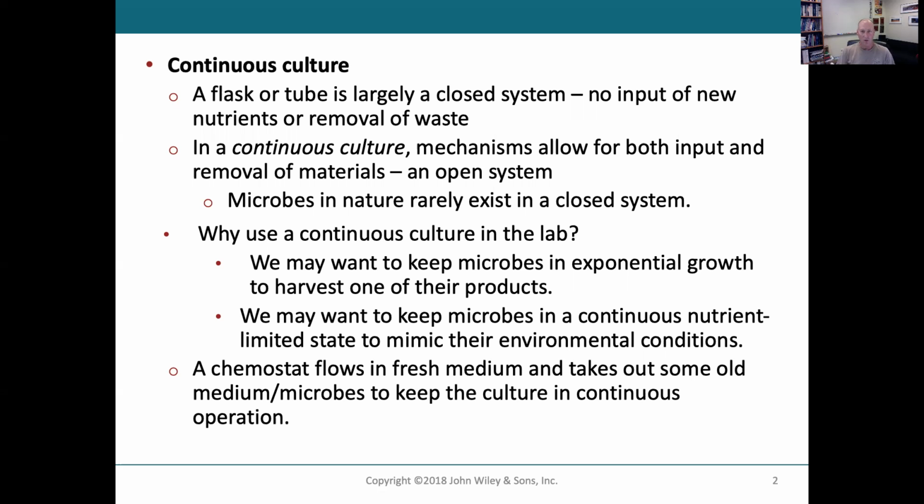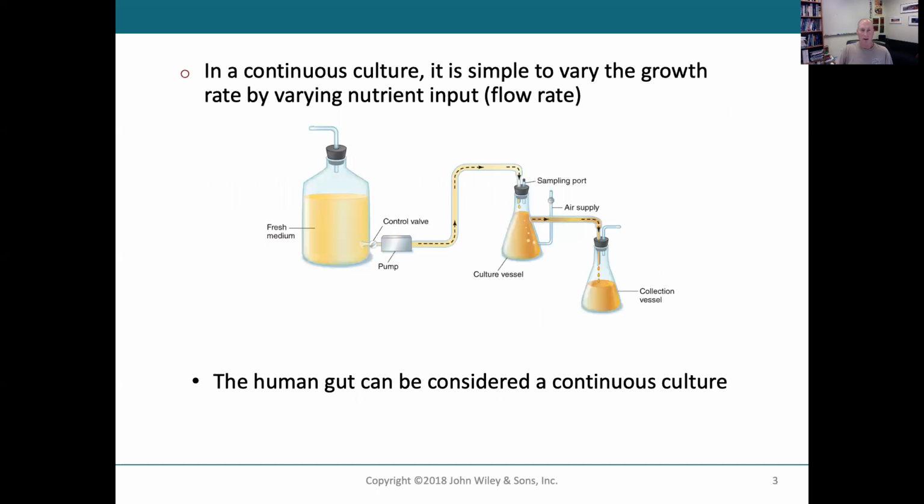And that's useful to us because then we have more opportunity to study what happens during continuous growth. We also, using a continuous culture system called a chemostat that I'll show you on the next slide, can actually control the growth rate as well. So we can see what's happening when microbes are growing very slowly versus very quickly, and how different processes going on in the cell adapt to that and are coordinated, right?